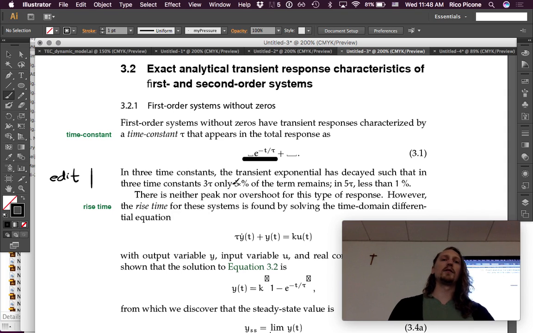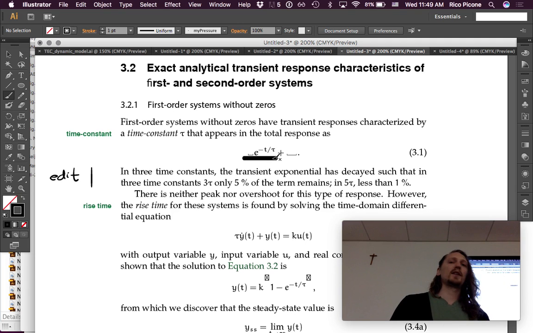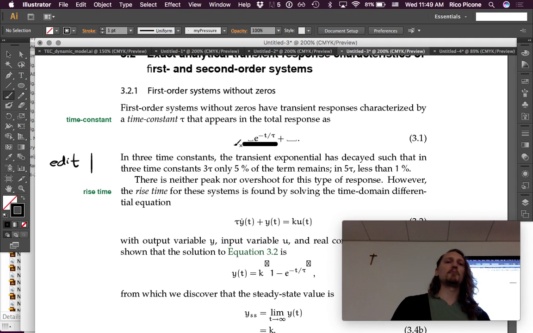So if you go out 3 time constants, this term, e to the minus t over tau, is 0.05. That's getting pretty small. In 5 time constants, less than 1% remains. So this term that governs the transient component of this response is disappearing.